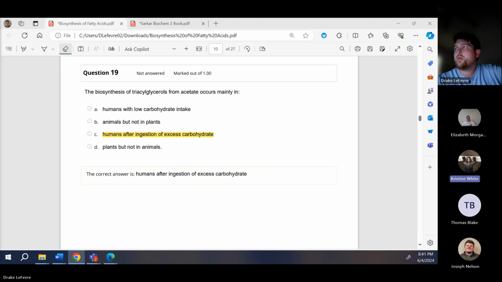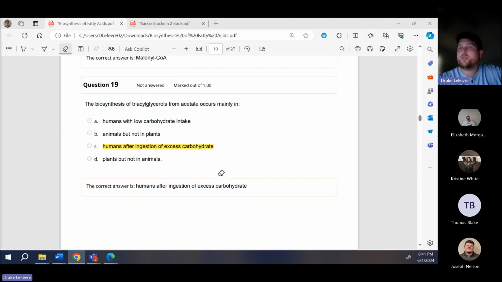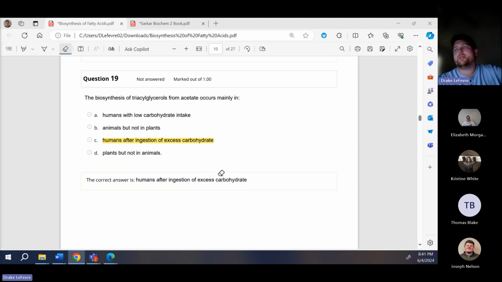I don't remember. The thing about this question for me is I don't know where acetate fits into it all, but I just kind of memorized this one. I don't know where I read it though. So acetate is formed inside of the body under starvation conditions.